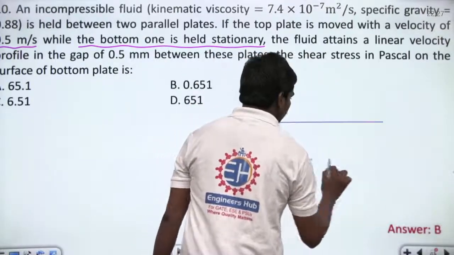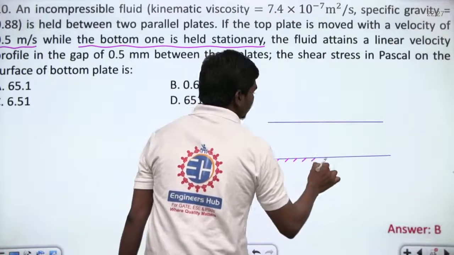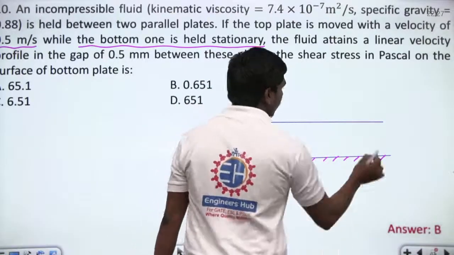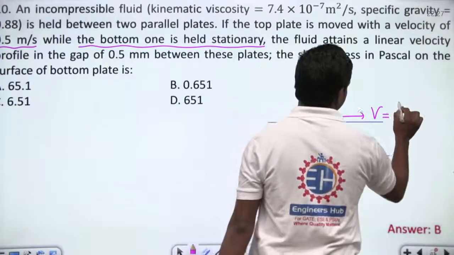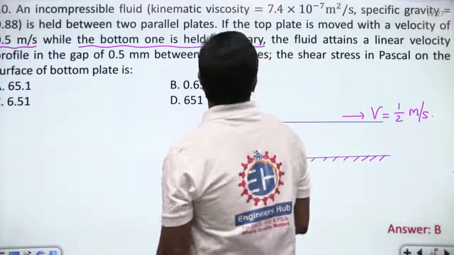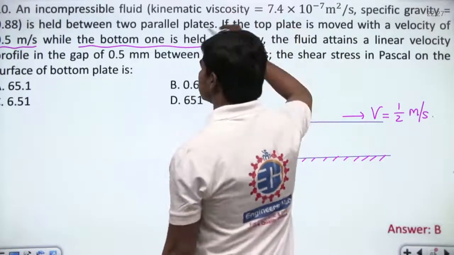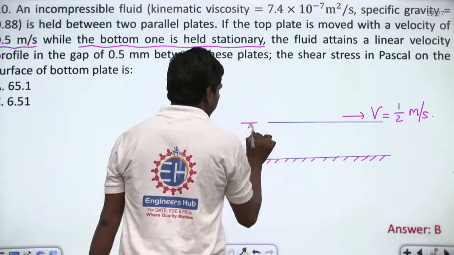There are two plates, and the bottom one is fixed, and the top one is being moved at a velocity of v equal to 1/2 meters per second. We know this, correct? And the fluid attains a linear velocity profile in the gap of 0.5 mm between the plates. So this gap is 0.5 mm.